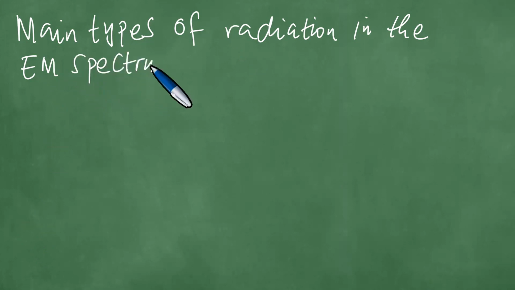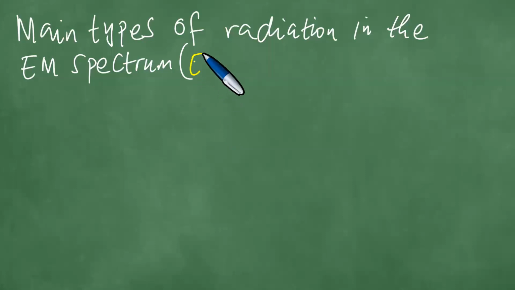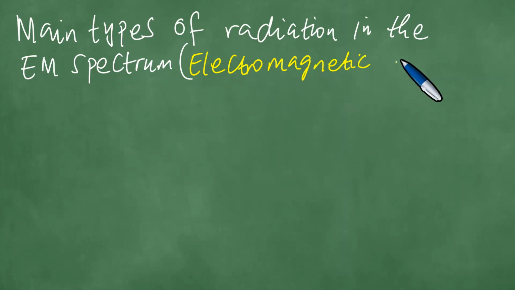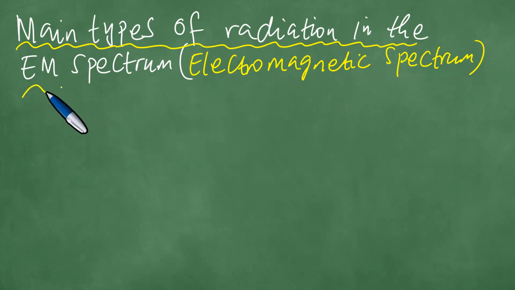And obviously the EM stands for electromagnetic spectrum. So let's look at this one. What are the main types of radiation in the EM spectrum?